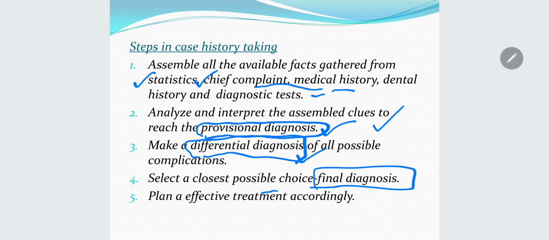This final diagnosis will arrive only after a particular confirmatory diagnostic test or a histopathological report and everything. Based on that we can give the final diagnosis. So three types of diagnosis in history taking are provisional, differential and final. And finally after the diagnosis we can plan an effective treatment according to the diagnosis.